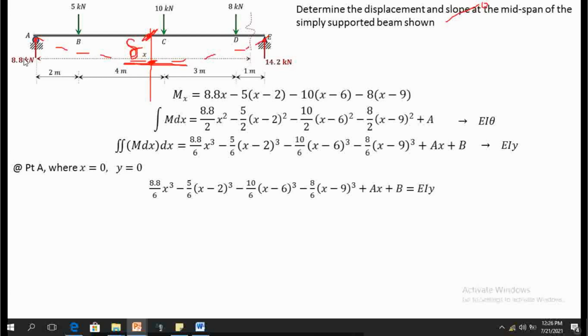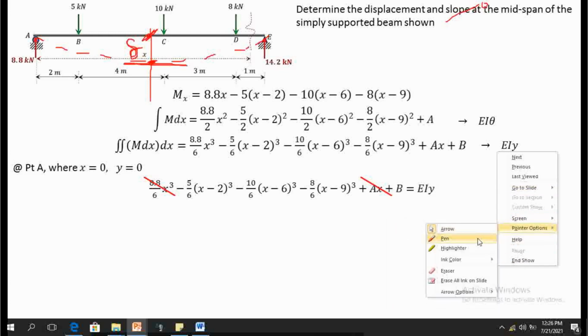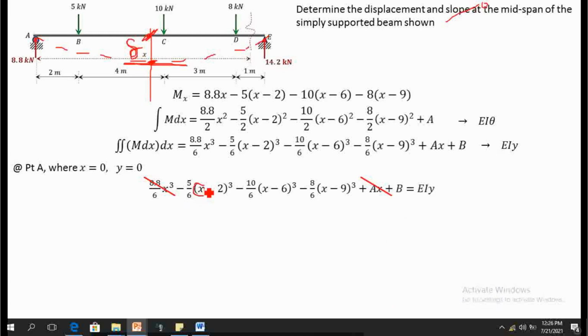Tama? So, again, using this equation, itong kay EIy, kinopya ko lang siya. Magiging 0 si x. So, kung magiging 0 si x, wala na itong 8.8 over 6 x cubed. Wala na rin si ax. Tama? But, take note, look at this one. If I'm going to substitute 0 dito, kung papalitan ko itong x ng 0, 0 minus 2, tama?